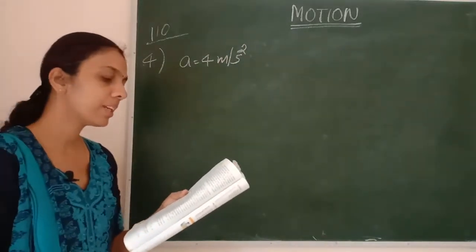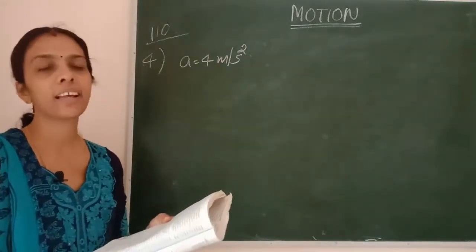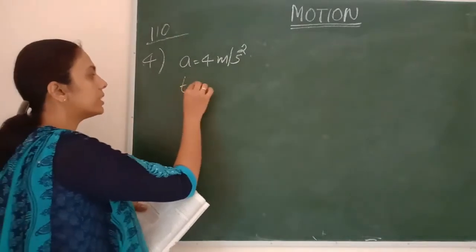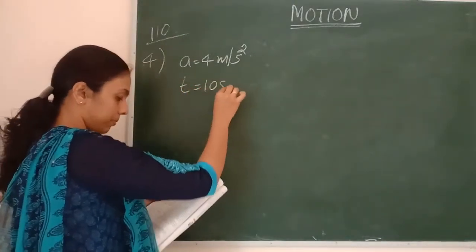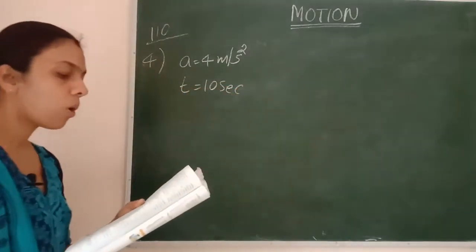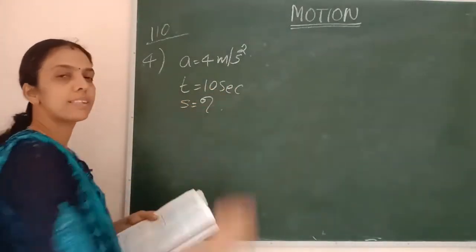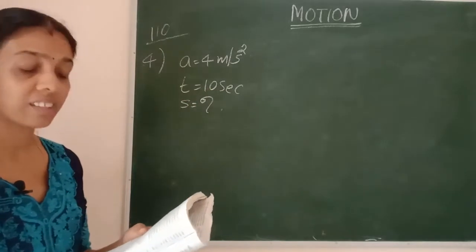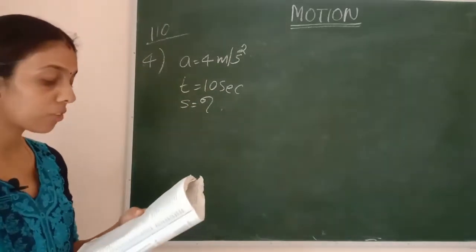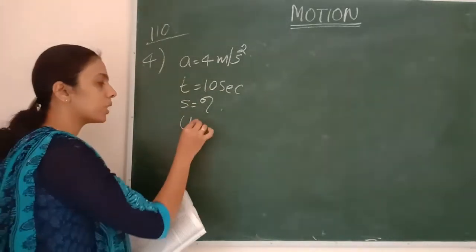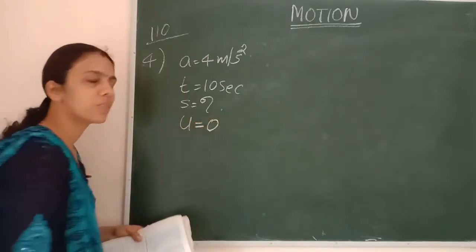After 10 seconds, what distance will it cover? Distance we should find after start. After start means, what is the meaning of that? Yes, its initial velocity is equal to 0.